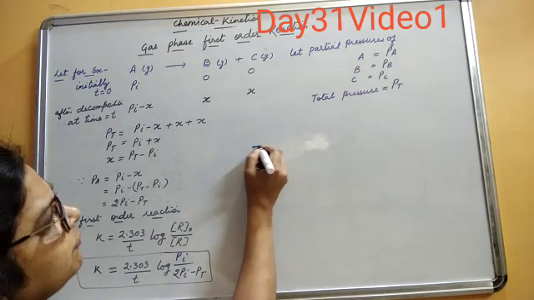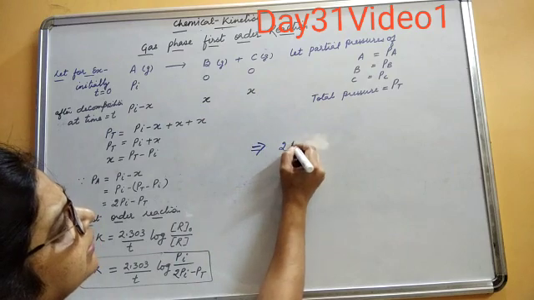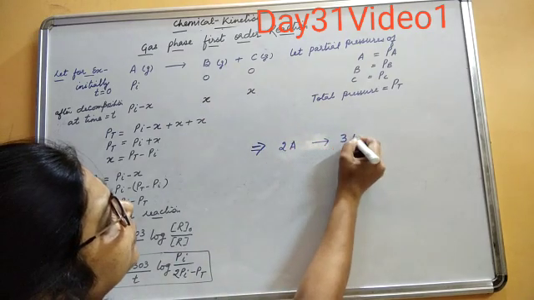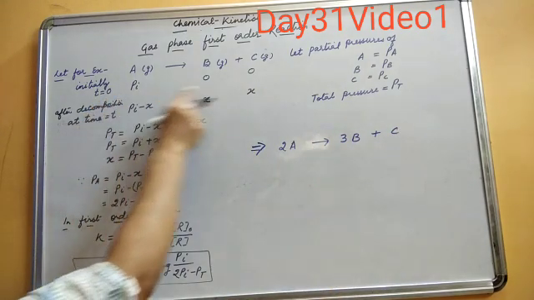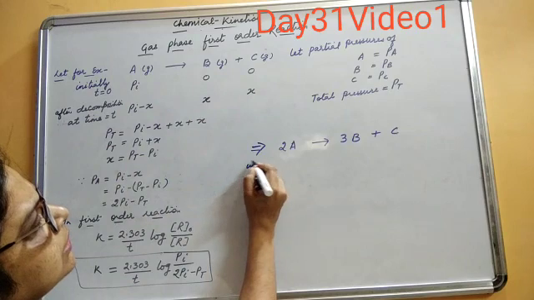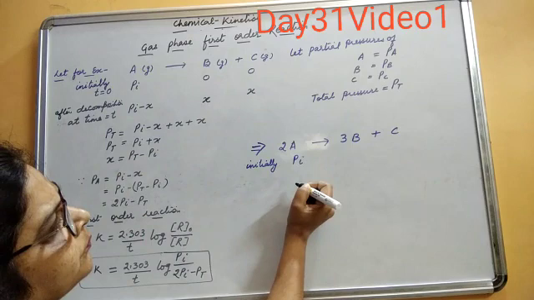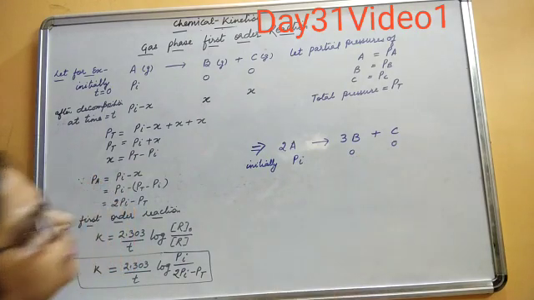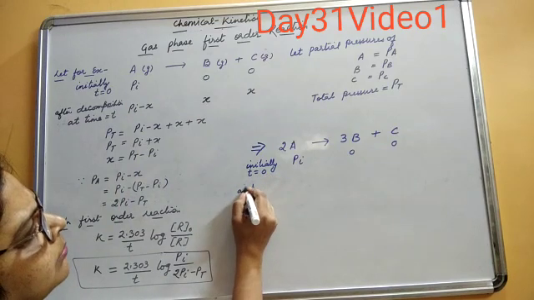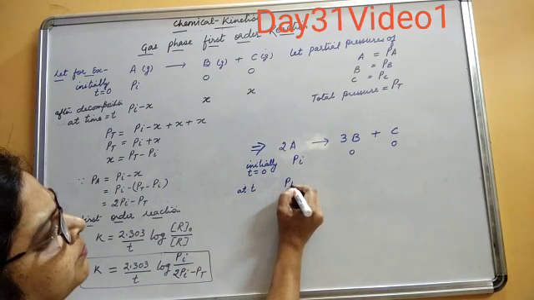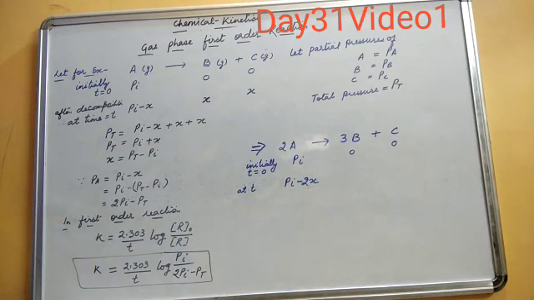Because if we take another example, where 2A is changing into 3B plus C, this condition will be changed. Initially, the concentration or pressure of A is taken as Pi, and B and C are 0. This is at time t0, this is at time t. A will be Pi minus 2x if the degree of dissociation of the reactant is x.